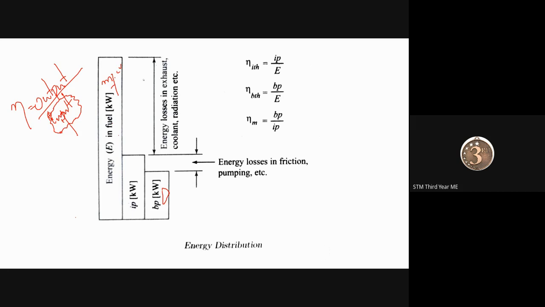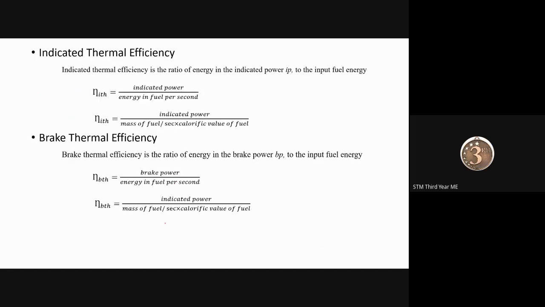Energy in the fuel, and here the energy developed will be the brake power. Yes, sir. So what will we get? We will get the brake thermal efficiency. The brake thermal efficiency is the ratio of energy in the brake power to the input fuel energy. Do you understand? Yes, sir.